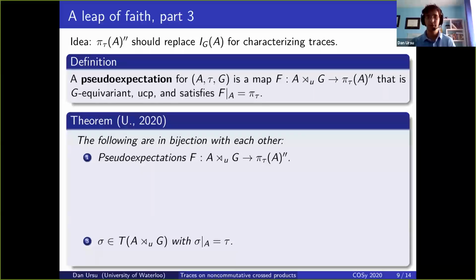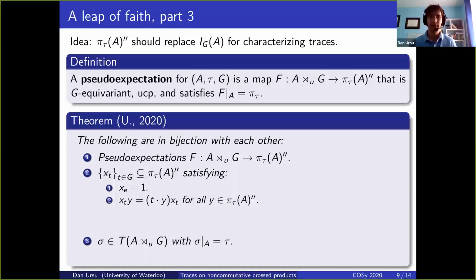And moreover, there's a more convenient thing that these are in bijection with to work with, and that is elements xt indexed by t in G, contained in your double commutant, that satisfy a few different properties. So xe should be 1. This is this freely acting condition from before, just applied to every individual xt.